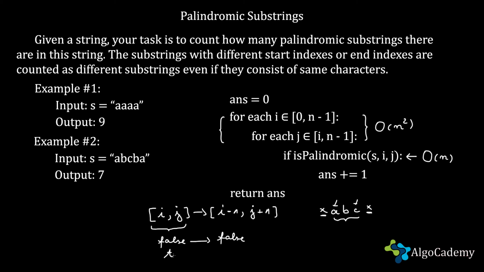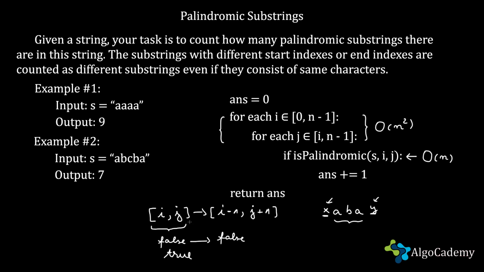But if this is a palindrome, so this is true. So let's take, for example, ABA. Let's say the substring s of i and j is ABA. When we have another element on the left and another element on the right, there are two possible scenarios. They are either equal, which will also make this substring a palindrome, because these two are equal, and because we know this is a palindrome, all the other conditions are satisfied, or these two can be different, for example, x and y, and of course we know for sure, because the first and the last characters are different, that this is not going to be a palindrome.